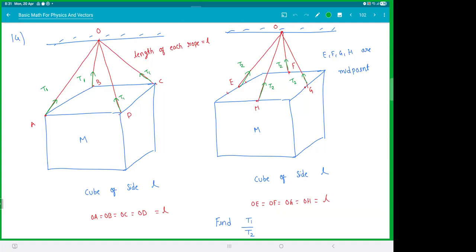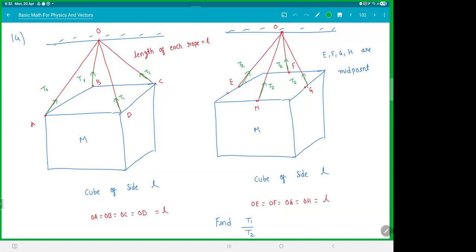Just give me a minute. Yeah, Siddharth, you also got it. Let's see how to do this. Then we'll go ahead.